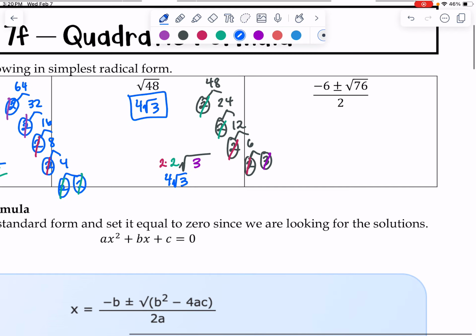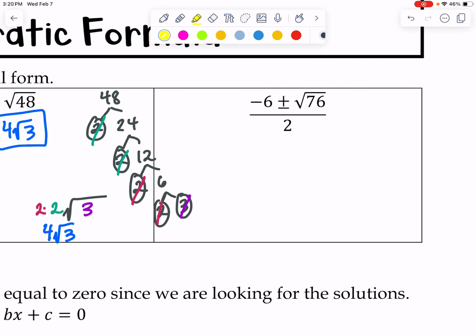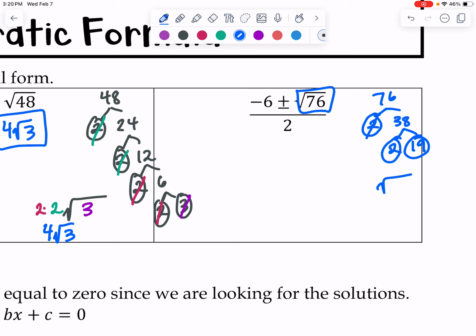Right? Now this is what we're going to have to simplify later. We're going to start by simplifying this square root of 76. So that would be 2 and 38, 2 and 19 is prime. We have a pair of 2's and then a 19 that stays behind.